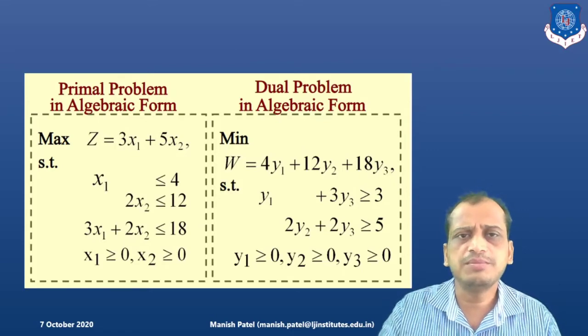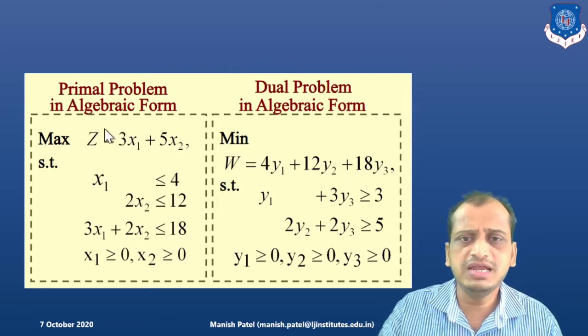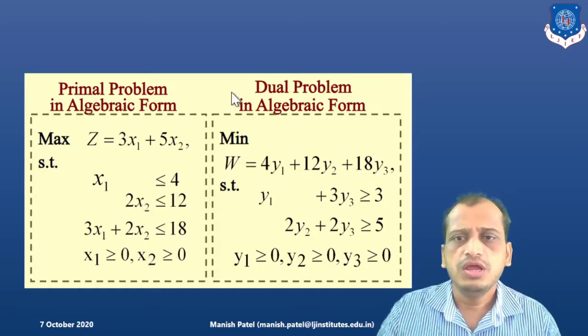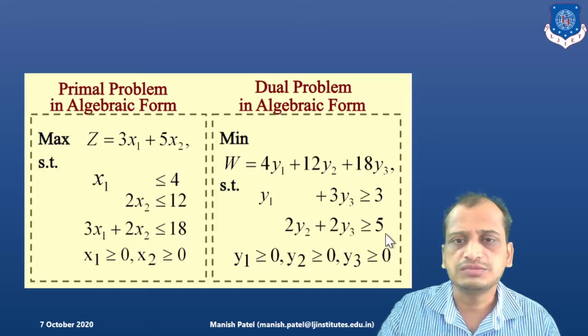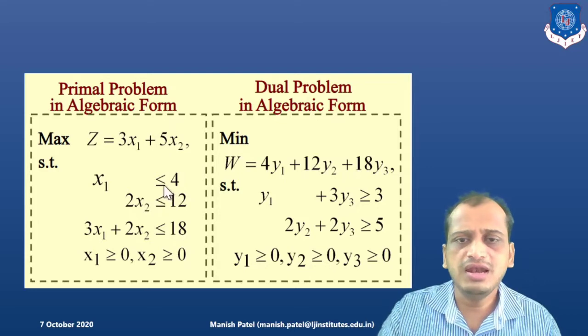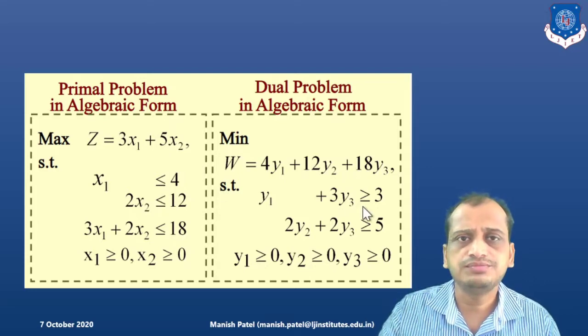Let's look into another example. Here, maximize z equals 3x1 plus 5x2 is the primal problem, subject to x1 less than or equal to 4, and accordingly the other constraints are given. Now in the dual problem, when you are converting, 4, 12 and 18 are the RHS, and they are incorporated into the objective function. The objective function coefficients are converted into the RHS. The maximization problem becomes a minimization problem. Again, the less than or equal to sign becomes a greater than or equal to sign.